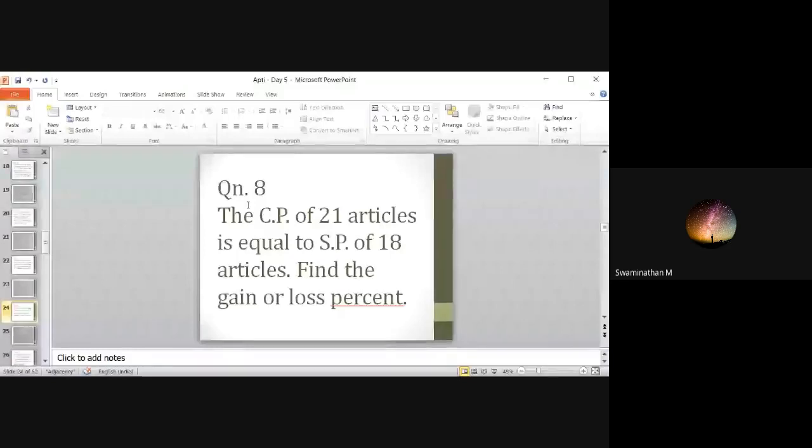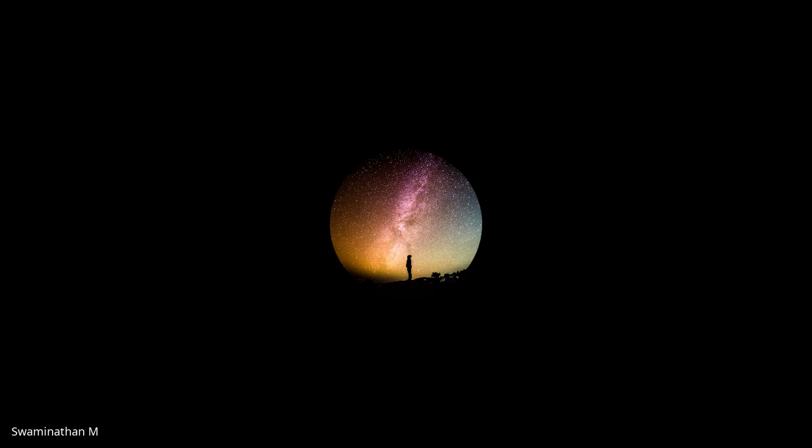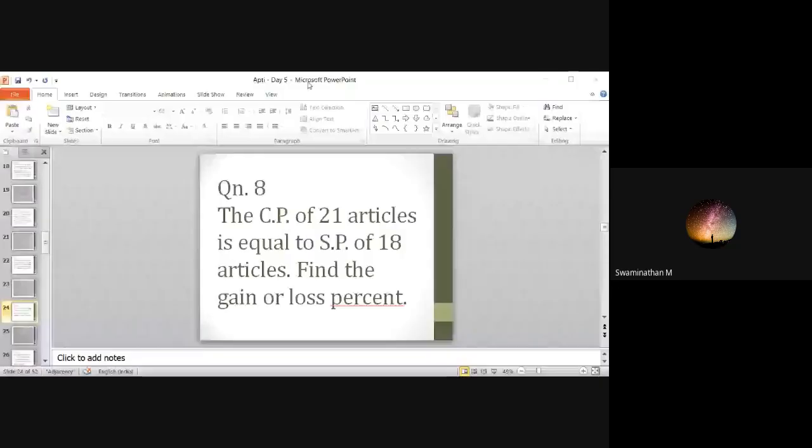Other answers, I repeat, you can solve. If you have any other way, you can solve. Others, you can send your answers here. 16.67% gain. Okay, 0.1667. Yes, it is 16.67%.